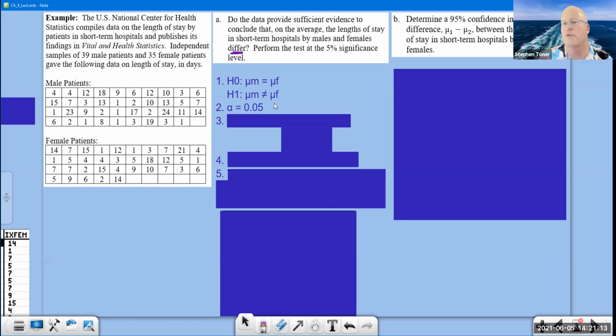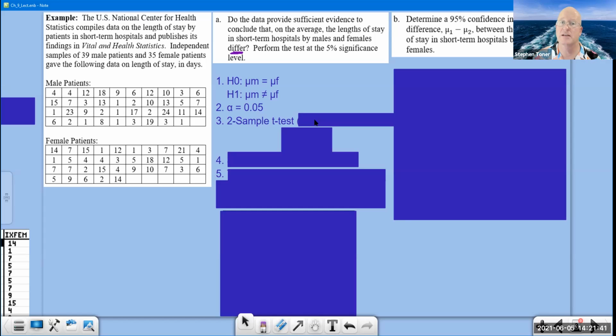Now we go through our flow chart and we say, okay, we're dealing with means. Do we have 1 mean or 2? Obviously, we have 2. Is my data paired? Well, we don't even know about this pairing thing yet, so the answer is no. So what test is it? It's going to be the 2-sample t-test, but we have to decide, are we going to pool the standard deviations or not?